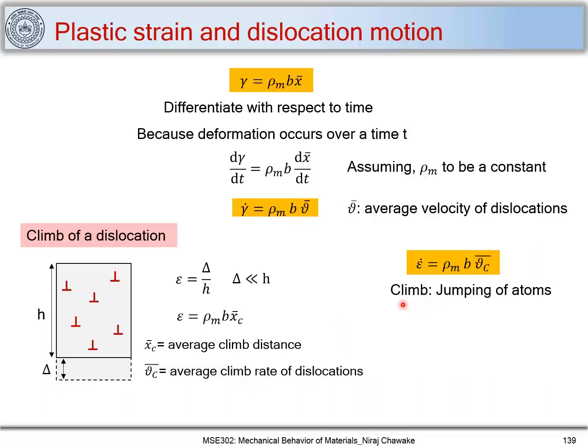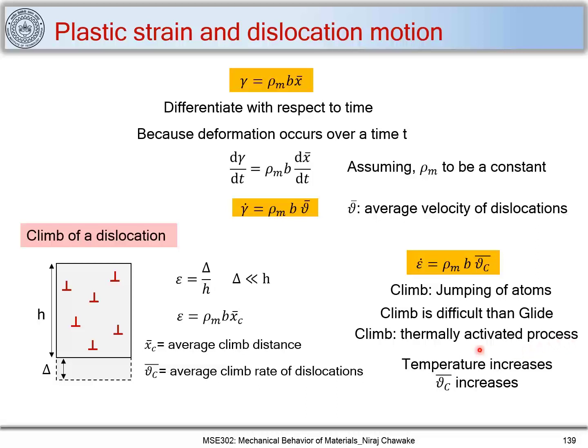As we have seen, climb requires jumping of atoms, because there is a creation of vacancies and atoms have to jump into those vacancies. Climb is much more difficult than glide. However, climb becomes active or dominant when there is an increase in temperature, as it is a thermally activated process. And as temperature increases, the v c, that is the average climb rate of dislocations, also increases.